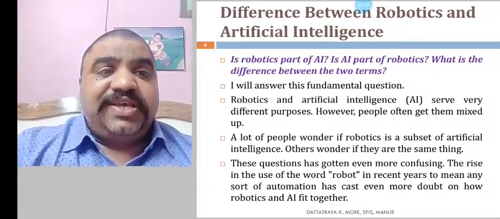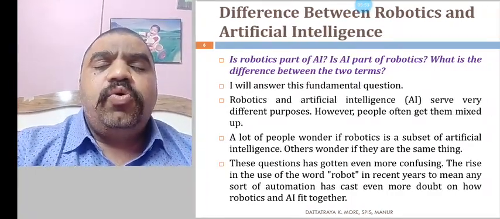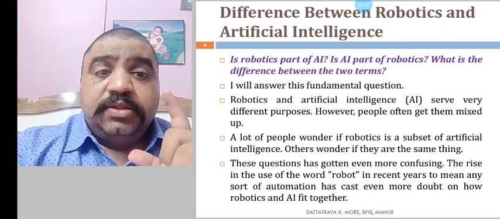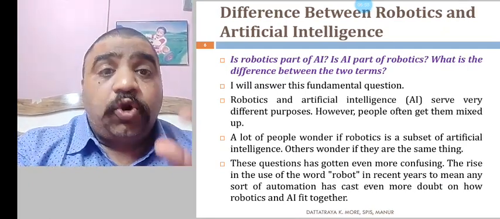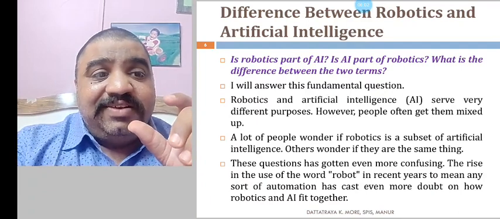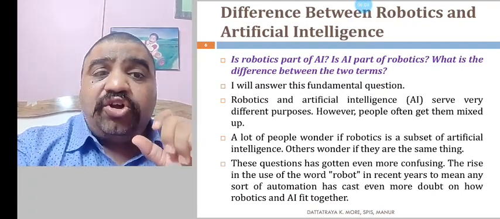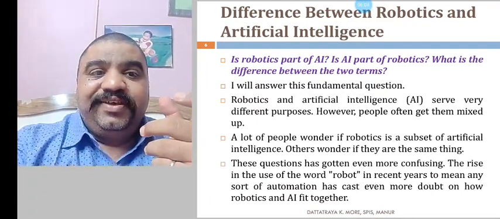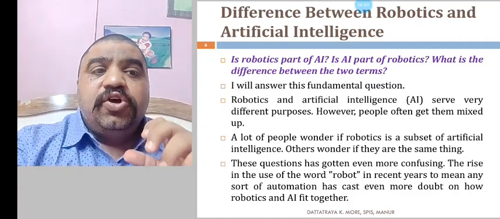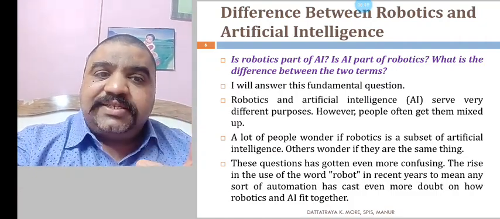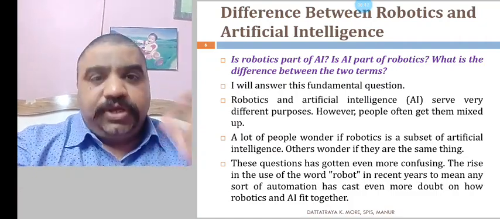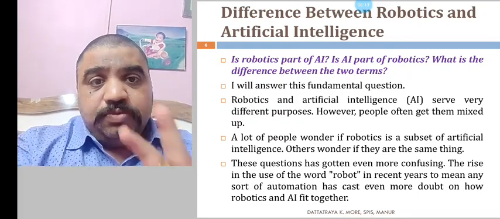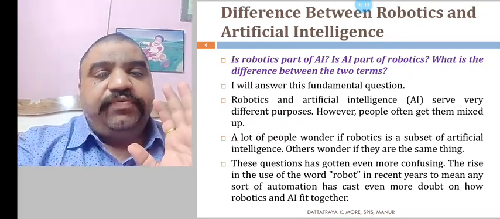These questions have gotten even more confusing. The rise in the use of the word robot in recent years to mean a sort of automation has cast even more doubt on how robotics and AI fit together. So these two terms are totally different.